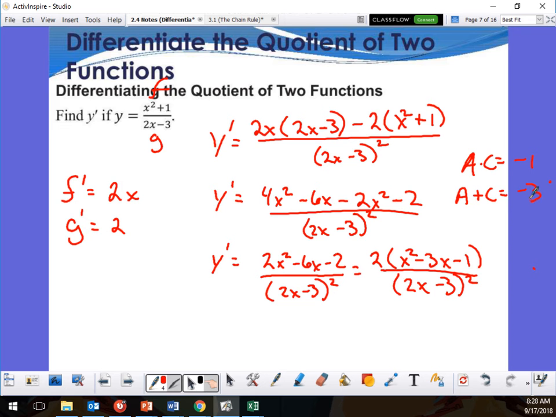Okay, so I always want to check for this being able to factor, because quite often you can cancel out one of these from the bottom, if not all of it from the bottom. When we actually start talking about position, velocity, acceleration, I kind of need to, because it would be undefined at a certain point in the denominator.